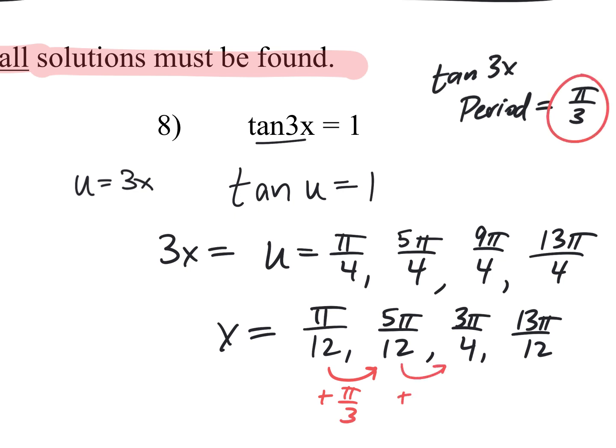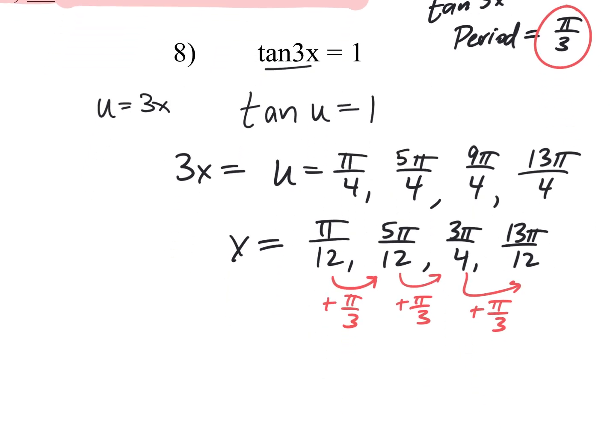Same thing here, I'm adding pi over 3. Again, adding pi over 3. So the way we would write our solution set is that x equals pi over 12 plus pi over 3 n. And there we are.